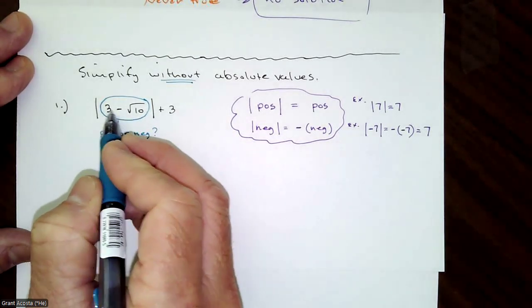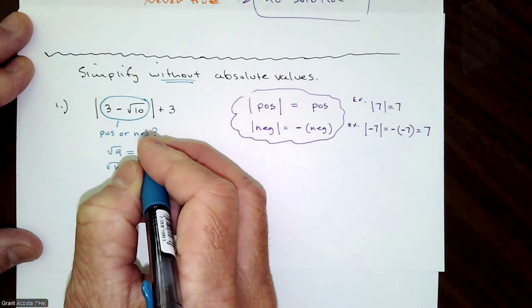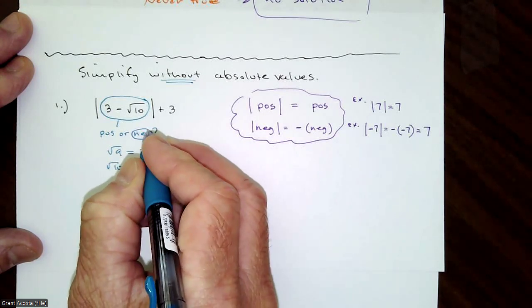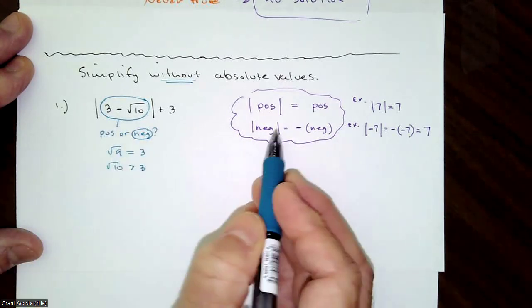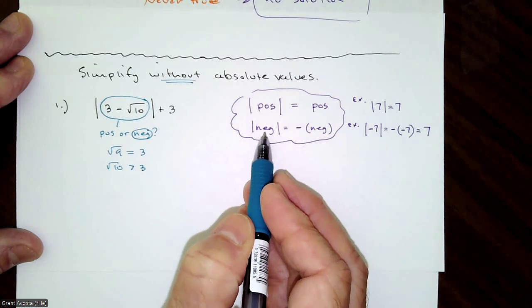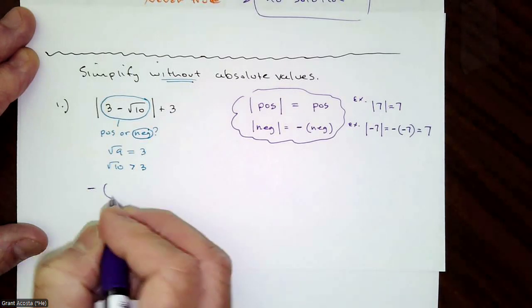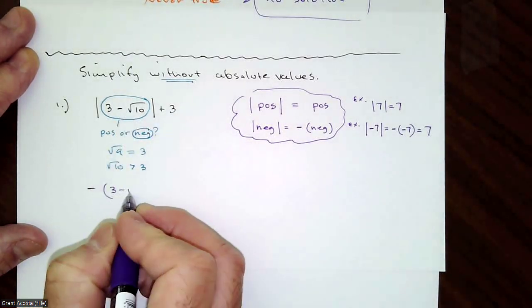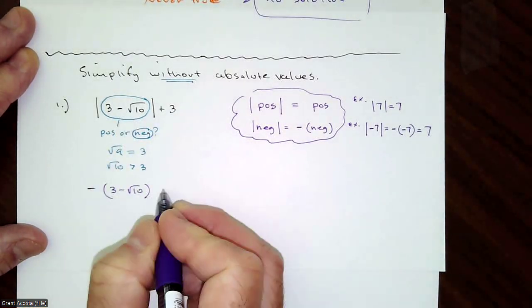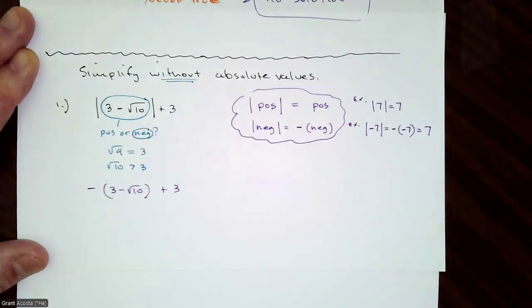So if I go 3 minus something bigger than 3, this part is going to be negative. And so if I have the absolute value of something inside that is already negative, if I want to simplify it, it's going to be the negative of what's inside. 3 minus root 10, and then this plus this 3.